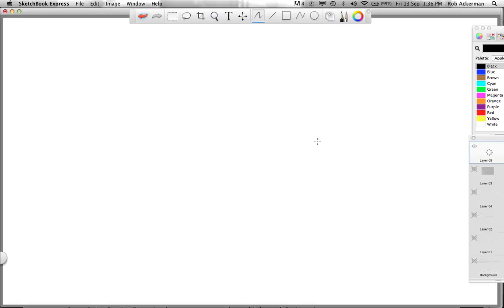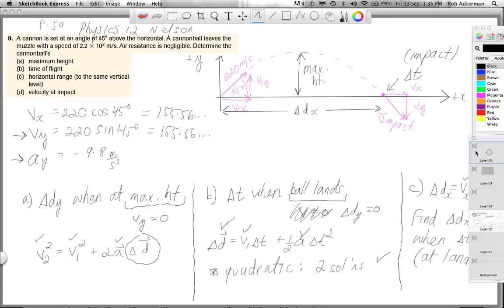Here we're going to do part D, so let me just write that in here. Velocity at impact. And if you remember, at the very beginning of the analysis here, I told you a little bit about the velocity at impact. Let's just go back in order to see what that was.